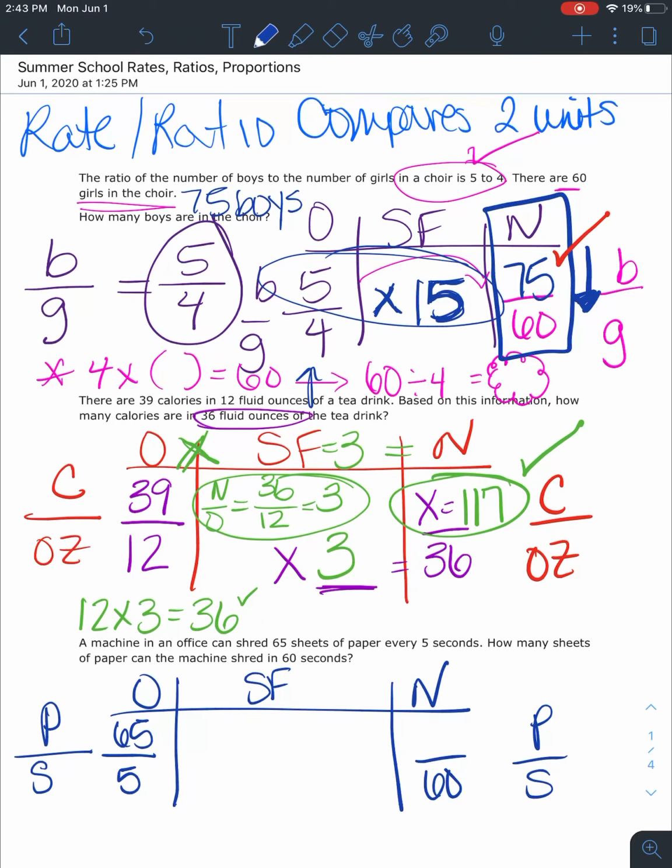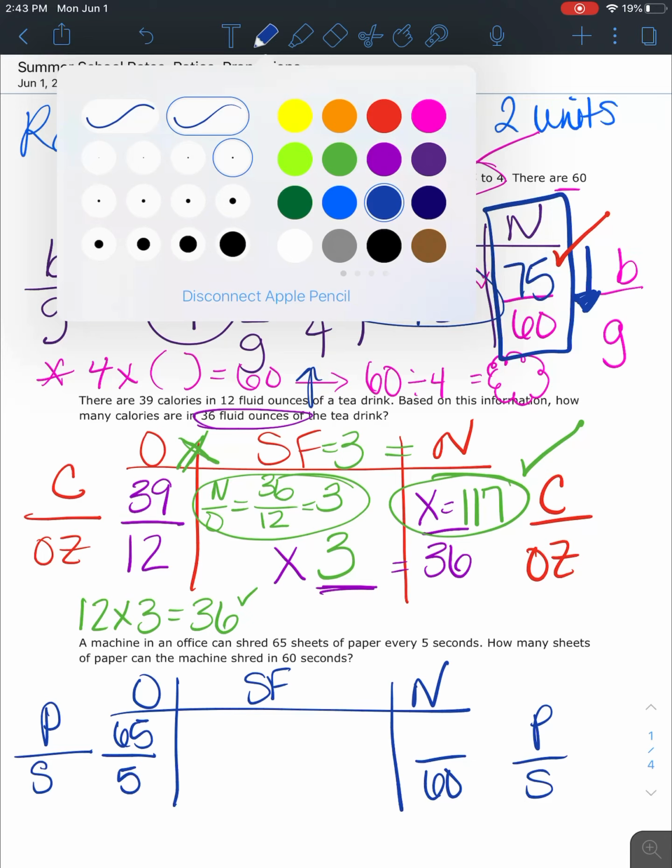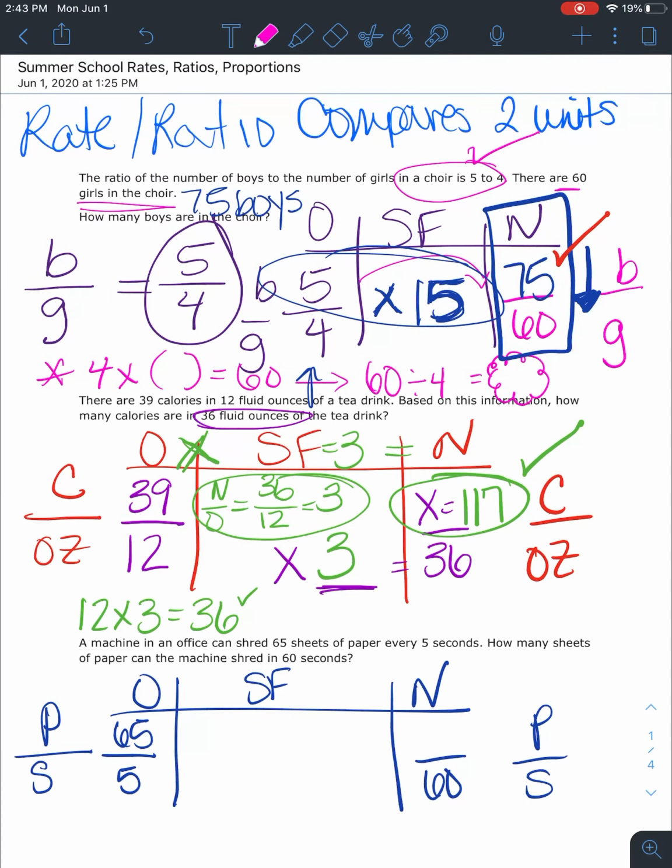Some of you may know 5 times what equals 60, but if you don't, ain't no thing. We're going to do new over original in case we don't know, and we will do 60 over 5. And does anybody know what that gets you? If you want to pause it and check on your calculator, or maybe you already know, it's 12. And so what that tells me is that the scale factor is 12.